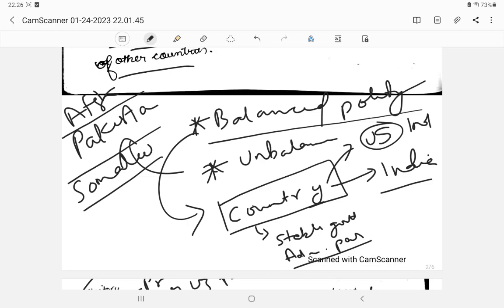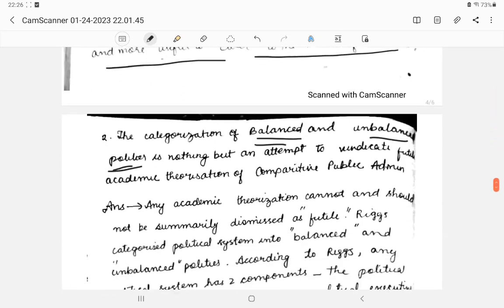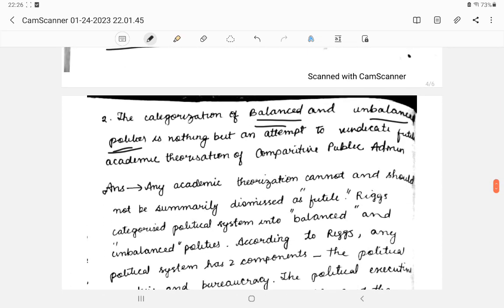So these are unbalanced polities. For example, India is balanced and Pakistan is unbalanced.